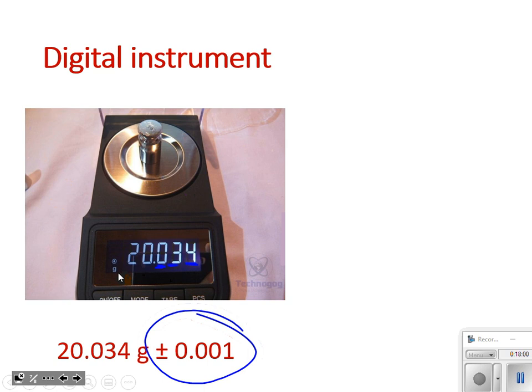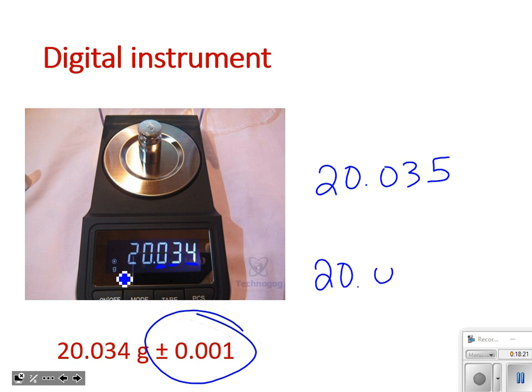Okay? So what's this telling me? Well, I was doing ranges before, so for this particular one, let's add 0.01. So my top range should be somewhere 20.035, and my bottom range should be minus 0.01.